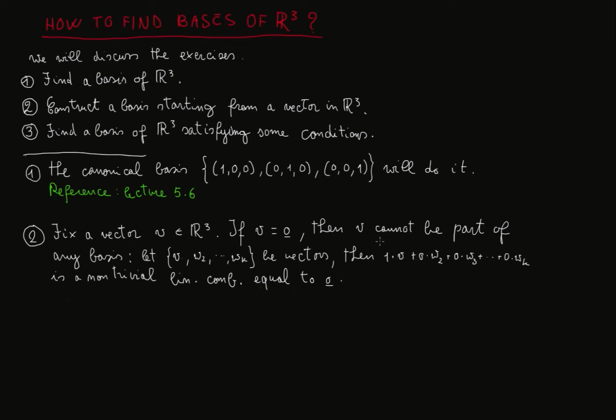The linear combination is going to yield the zero vector because all these summands are 0, and the first summand is going to be 1 times v, which is 0, so it's going to be 0 as well. So that is a non-trivial linear combination of these vectors that gives the zero vector, therefore they are linearly dependent. So the zero vector in any set of vectors is going to make this set linearly dependent. So it cannot be part of any basis.